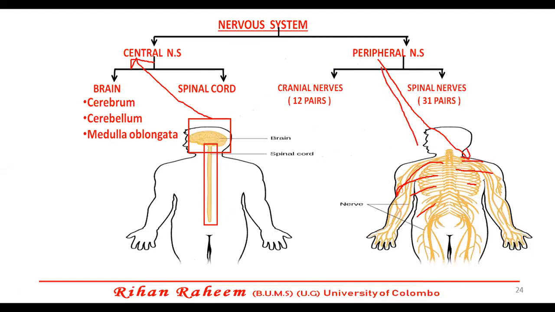This side, left side, and right side, both together, are the peripheral nervous system. Say it again: central nervous system, peripheral nervous system. Central nervous system in the center part. In your body, try to see: in your head the brain is there, and that spinal cord. And in your hand, in your legs, all those things, what is there?